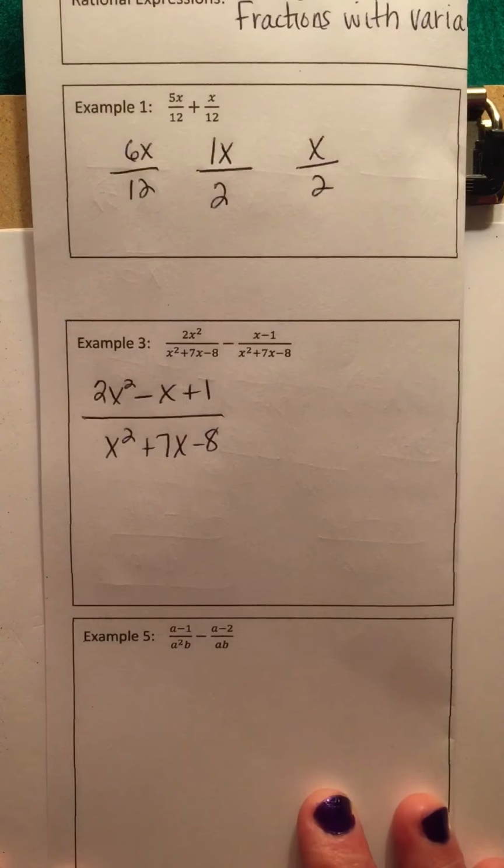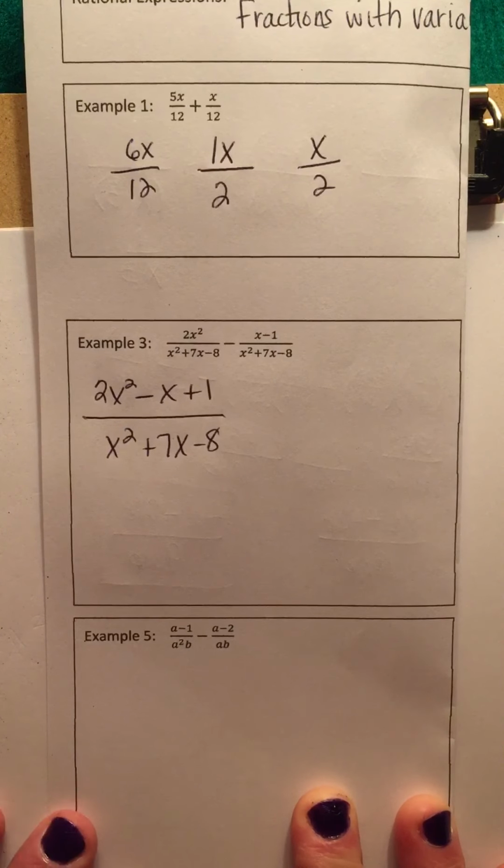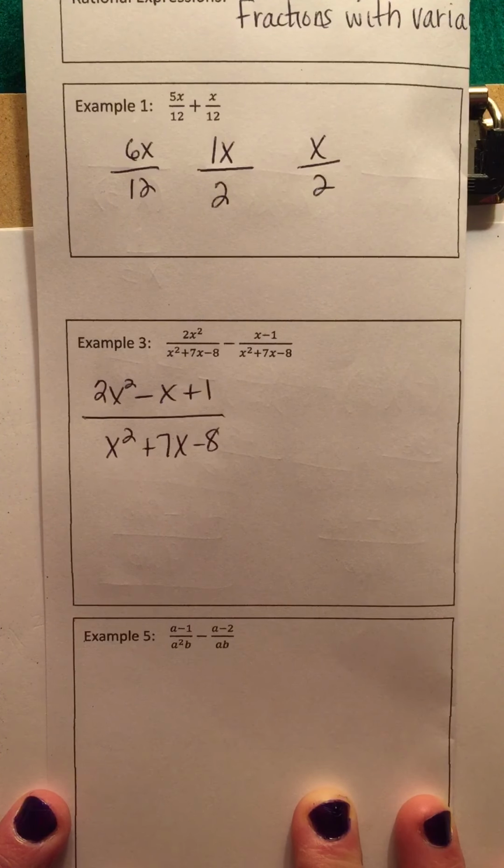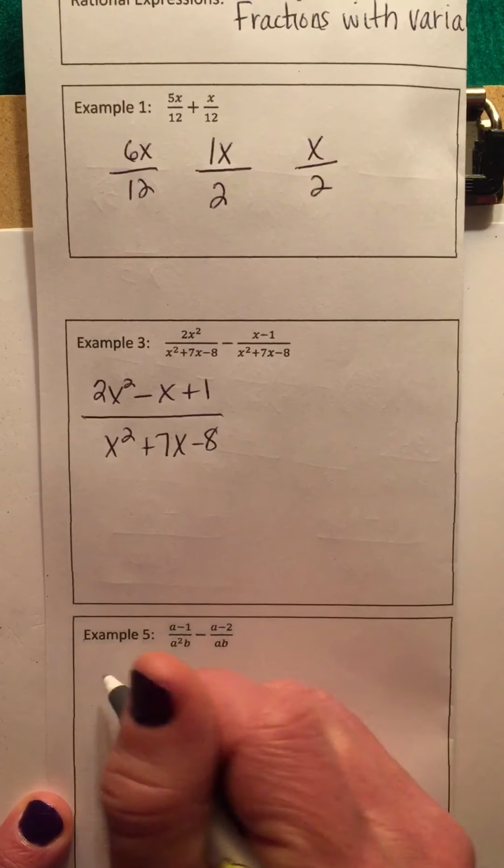Example 5. A minus 1 divided by a squared b minus a minus 2 divided by ab. Our common denominator is going to have to be a squared b, so we are going to multiply our second fraction by a over a.